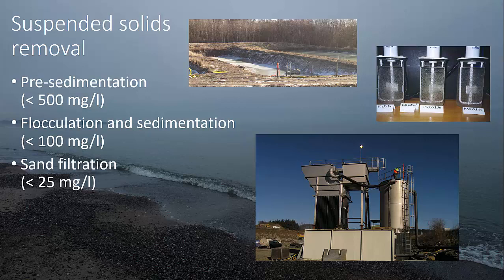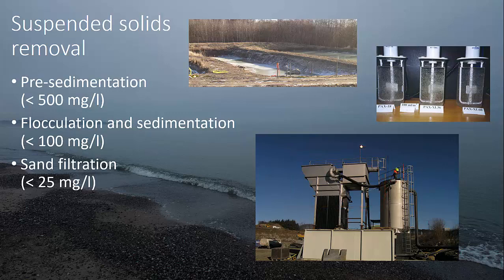Now, how does the flocculation and sand filtration step look? On the picture here, on top of the vessel that the guy is standing, that is a continuous sand filter. Beside that, you have a lamella sedimentation or separation unit.